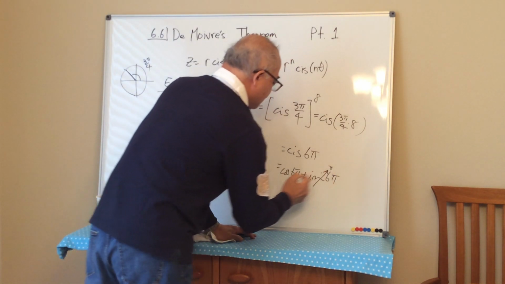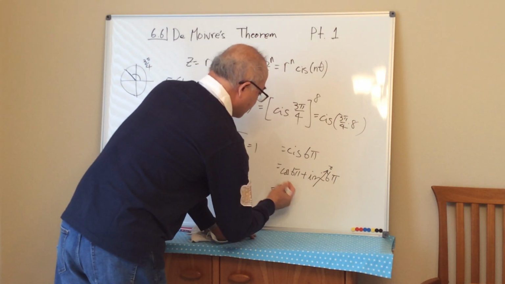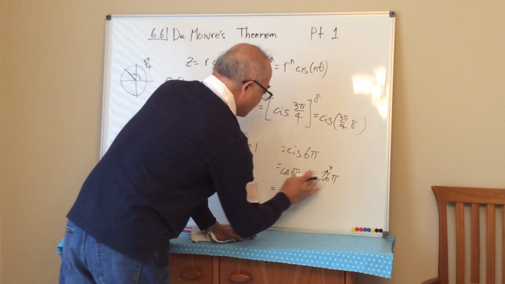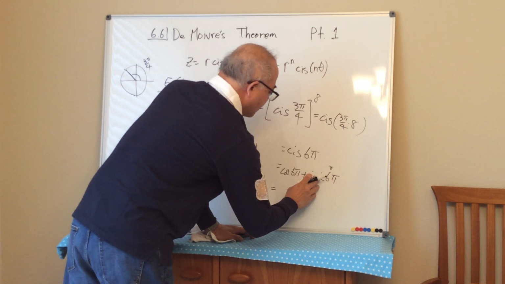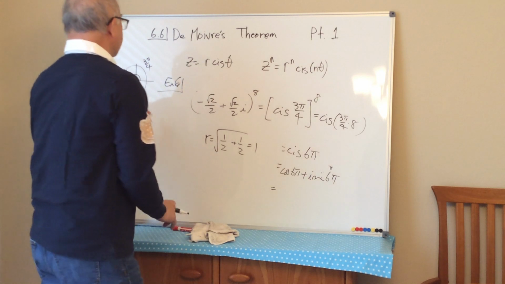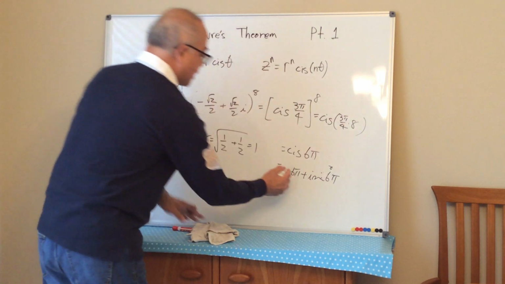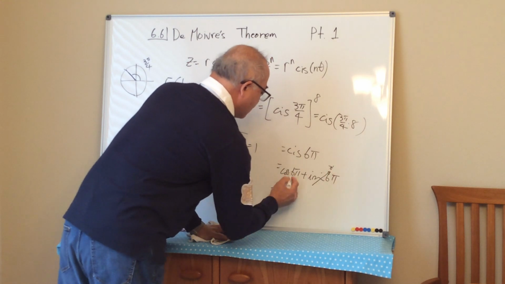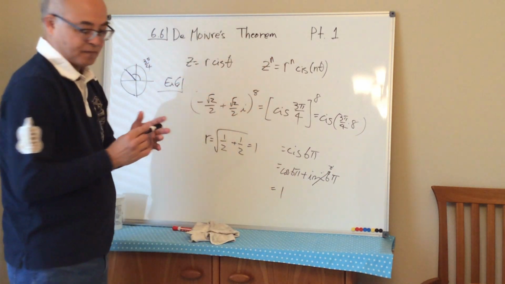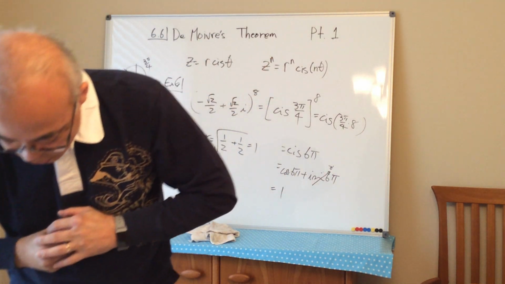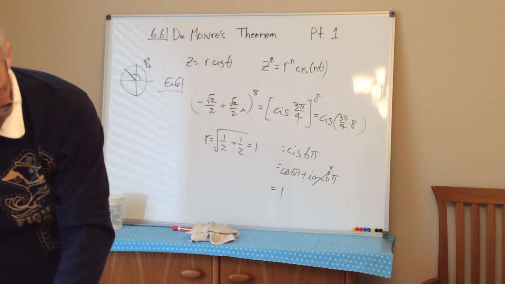This guy goes to 0. No, wait a minute. So 6 pi is 2 pi multiples, so it's all the way right back here. So this guy is 0, and this guy is 1. So the answer should be 1. The answer is 1. Okay?